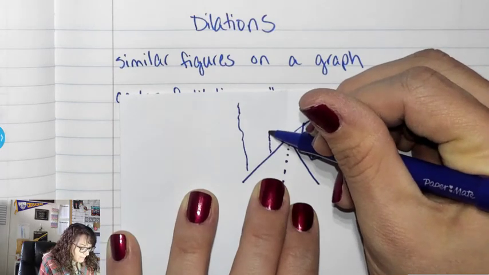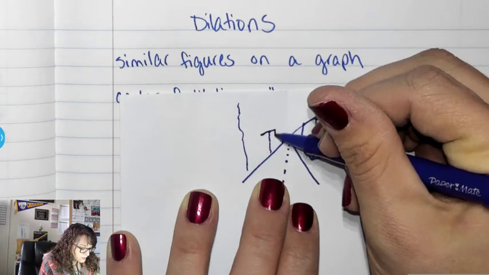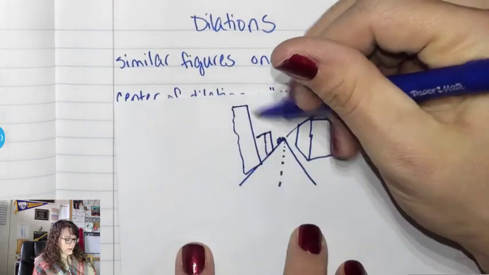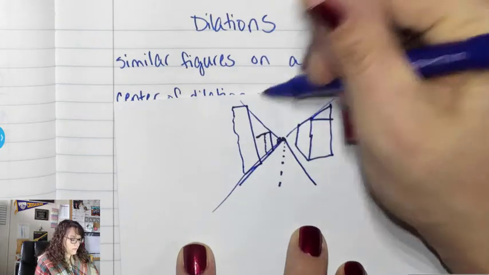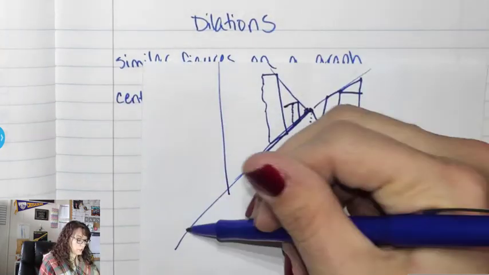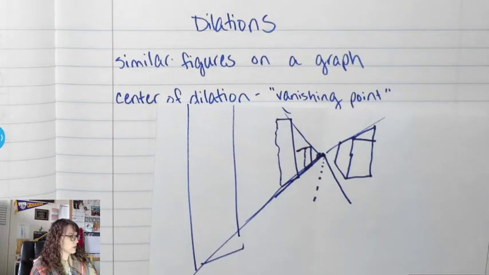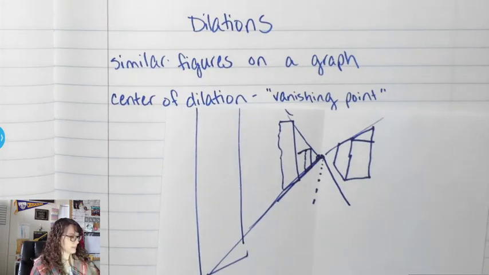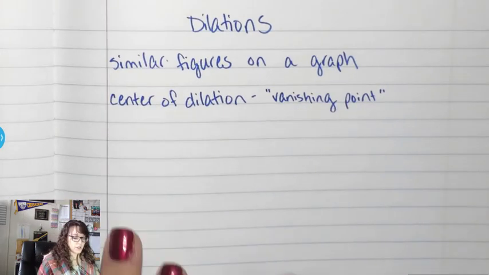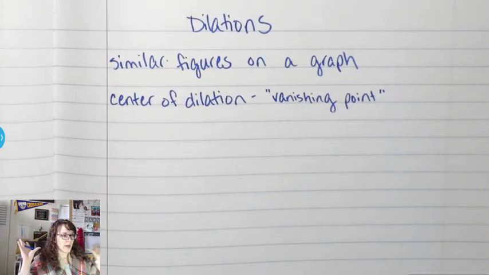This would be a bigger rectangle, an even bigger rectangle as it gets further away from the vanishing point, and it would keep going forever. Does that explain vanishing point? Center of dilation. Everything is coming off of that point.